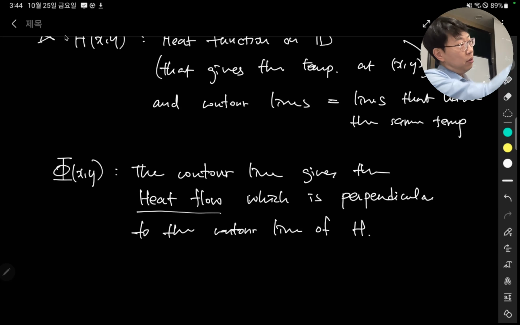So you cannot go sideways, because the perpendicular direction is the fastest direction that changes the value of the function, right? If you deviate from that direction, then the extremal path is that you just follow the contour line, which doesn't change any value of the function, right? So since it's perpendicular, therefore it's a heat flow, a trajectory of the heat flow.